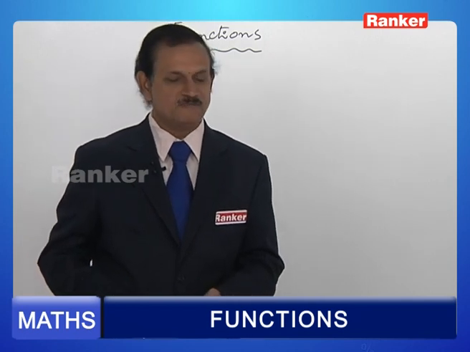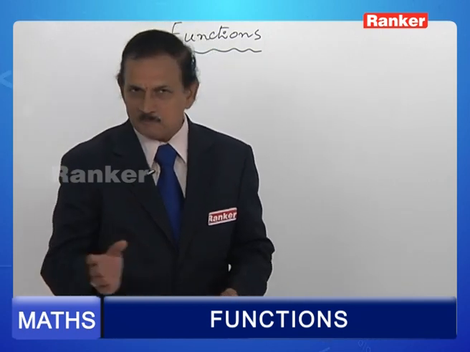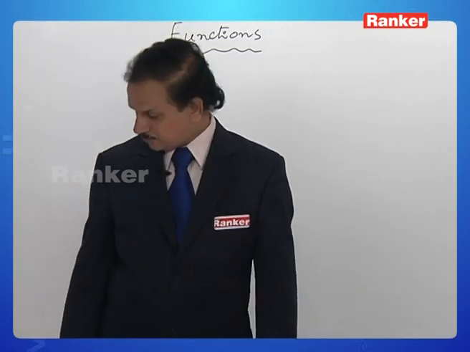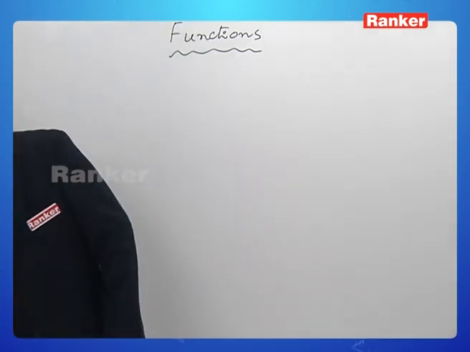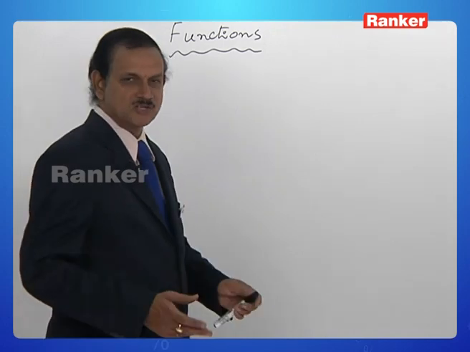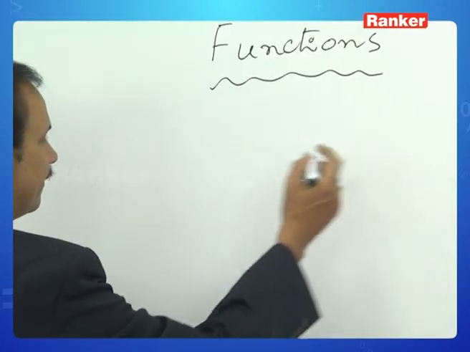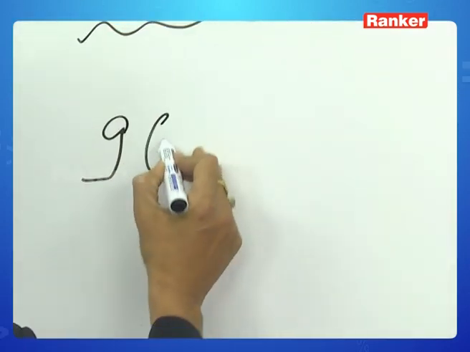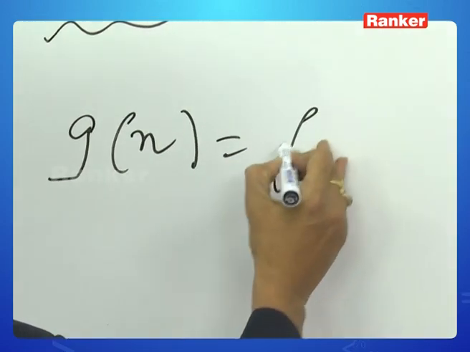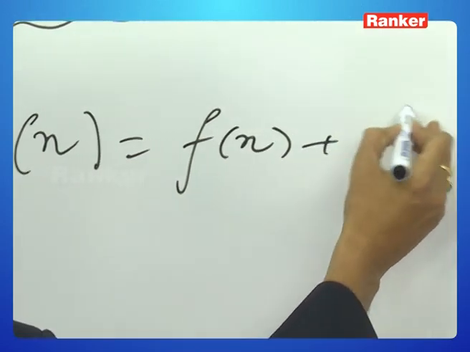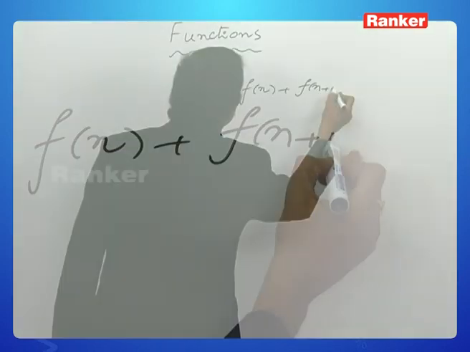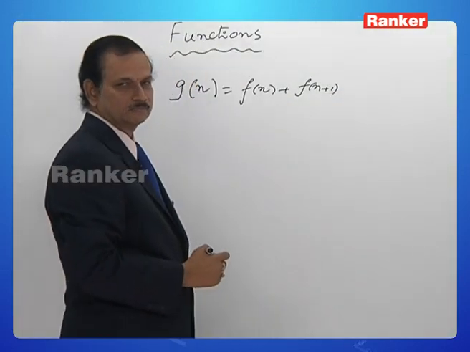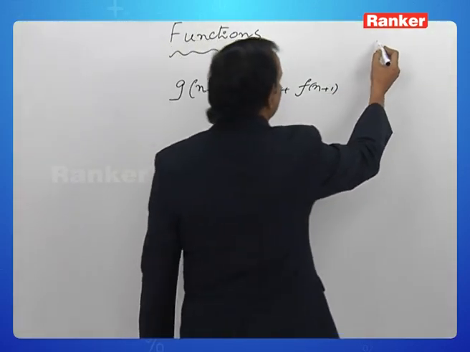Here the function g is defined with the help of the function f as g of n is equal to f of n plus 1. Let us observe the range of g. G of n is equal to f of n plus f of n plus 1. This is g. By the way, what is f?